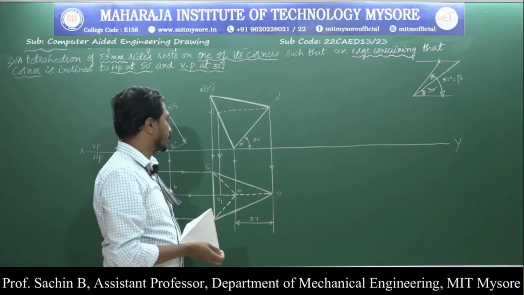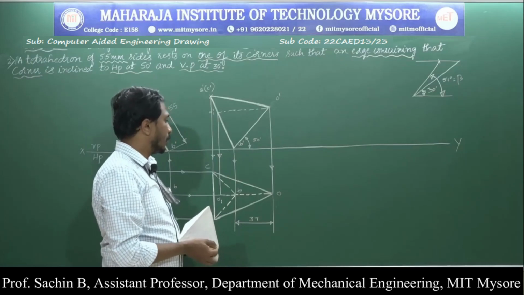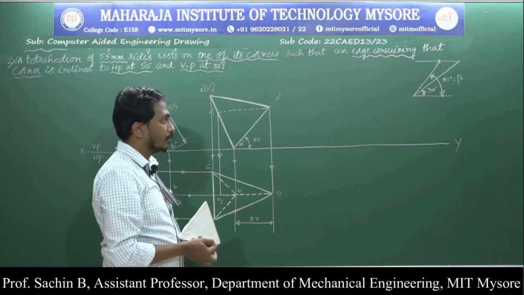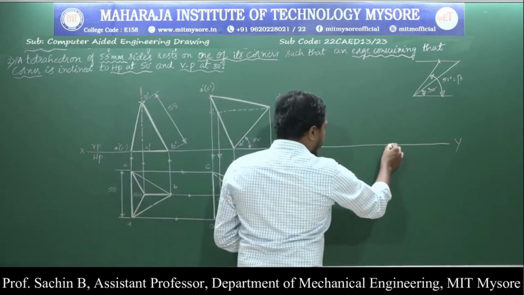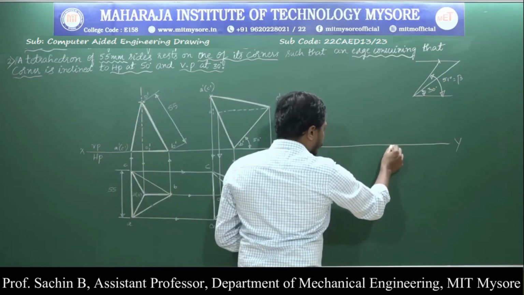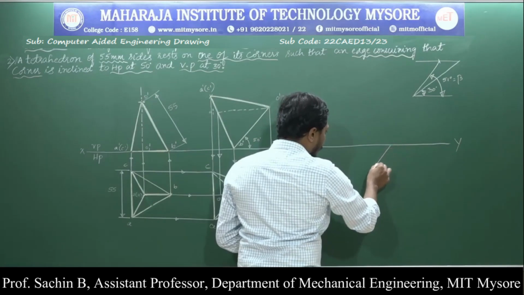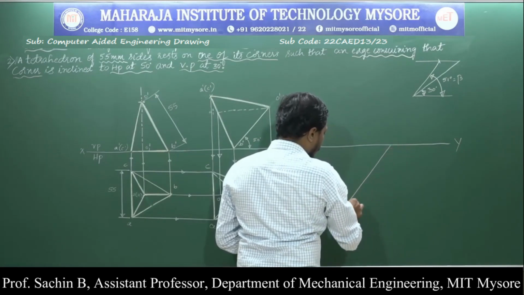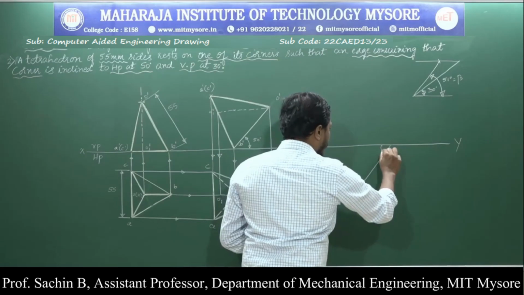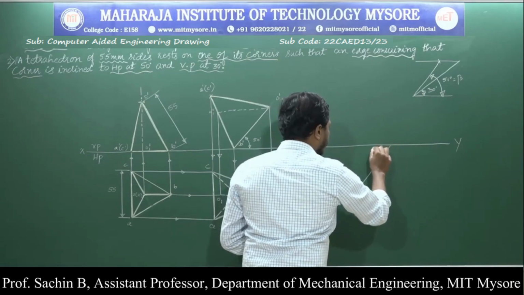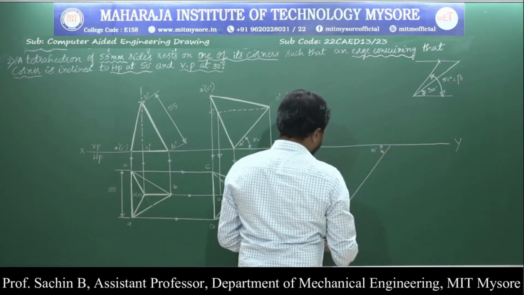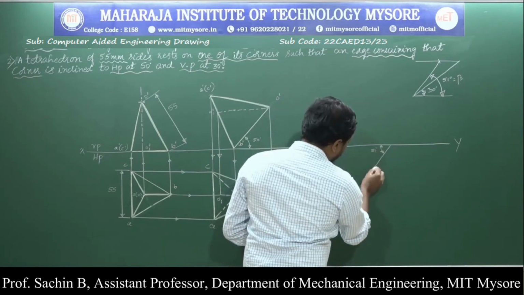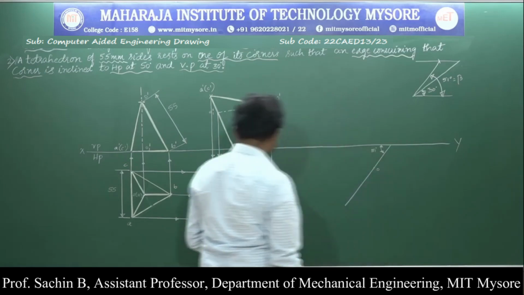Now I will go for constructing the object of given inclination for the apparent inclination. For that, I am going to draw a thin line of inclination 51 degrees, the apparent inclination. Next, I am going to mark this point as the O point.